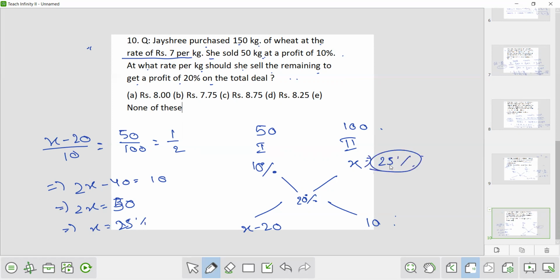What is the cost price for quantity 2? That is 7 rupees per kg. So first we have to add the profit, that is 25% of 7. 25% is 1/4, so 1/4 of 7 is 1.75. So add 7 plus 1.75, that is 8.75. So option C is the correct answer, that is 8.75.